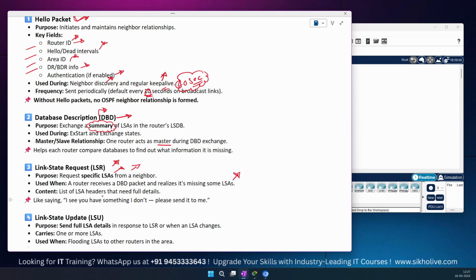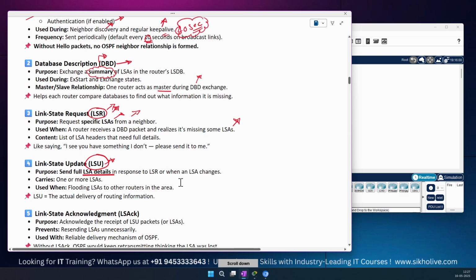Then it sends an LSR, and in response to the LSR there is the LSU, like saying, I see you have something I don't, please send it to me. The link state update sends the full LSA detail, the complete link state update details, in the LSU packet by the router, and it supplies the missing part of the DBD, database description.